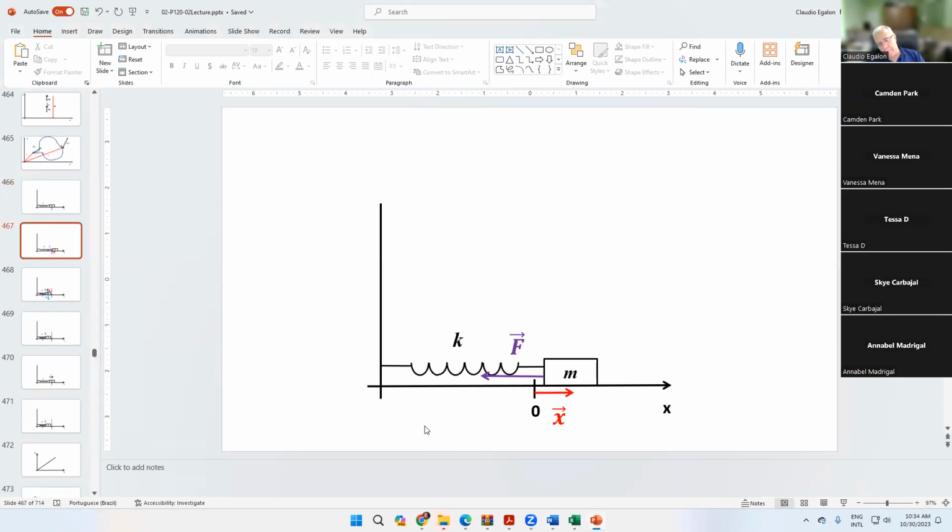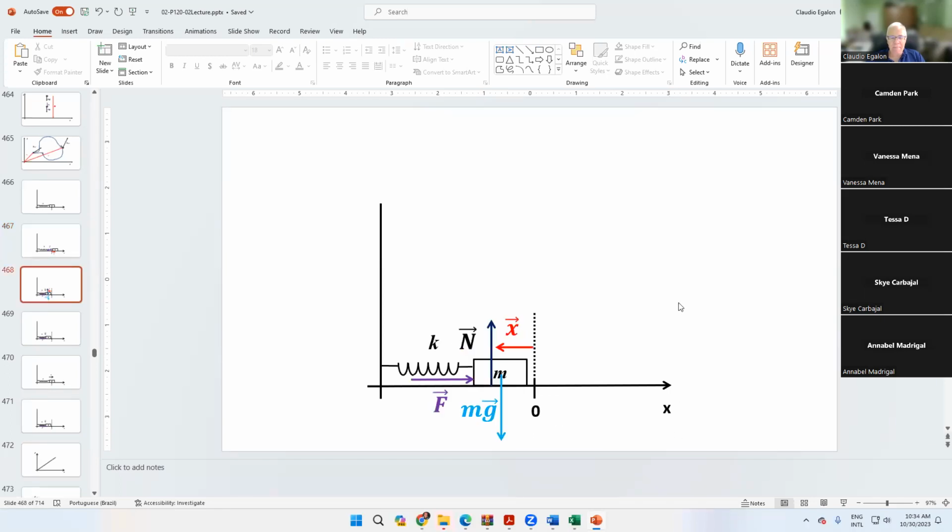If I stretch the spring, the position vector is to the right, and the force ends up being to the left because of that negative sign that you saw in there. If I compress the spring, there is a displacement to the left, and the force is going to be to the right.